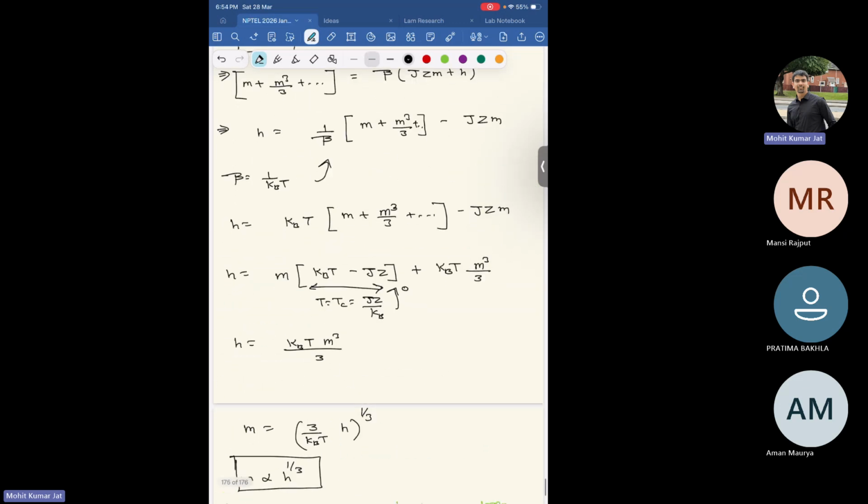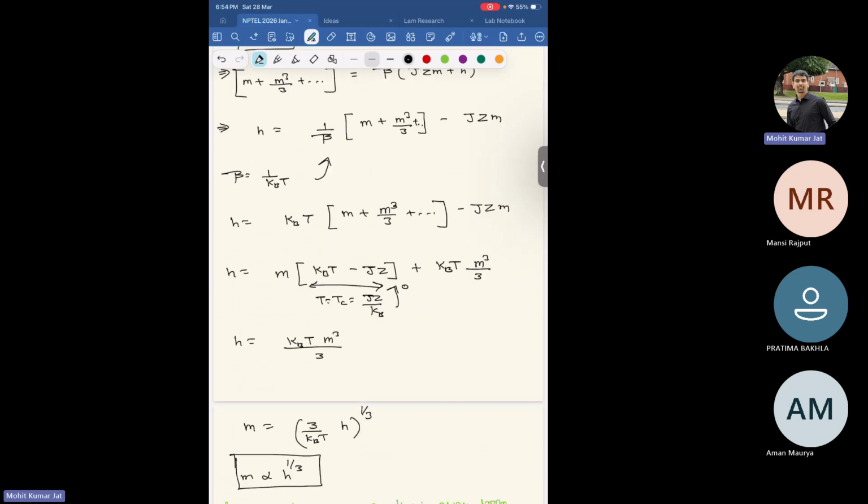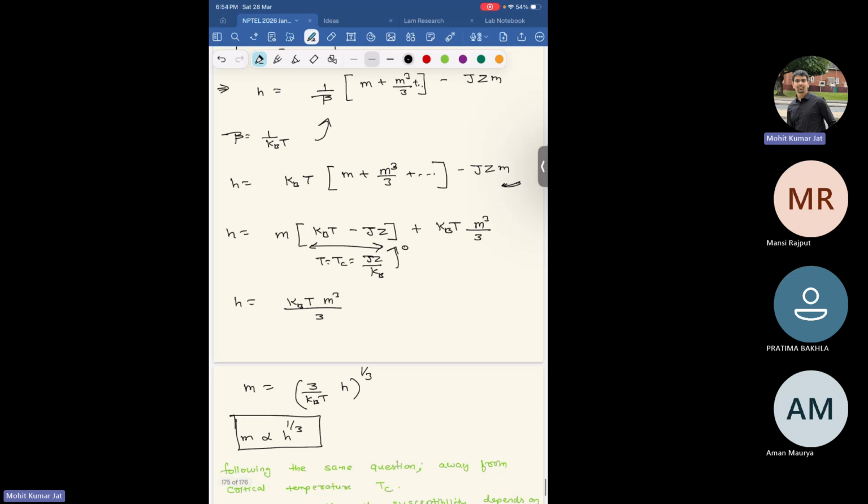So if we have this equation with us, now let's follow this equation. So Tc is this thing, right? ZJ by Kb. If Tc is ZJ by Kb, I can just take out Kb in common and write.